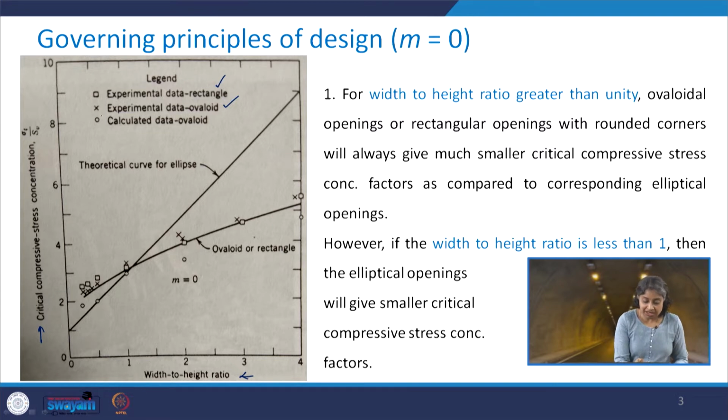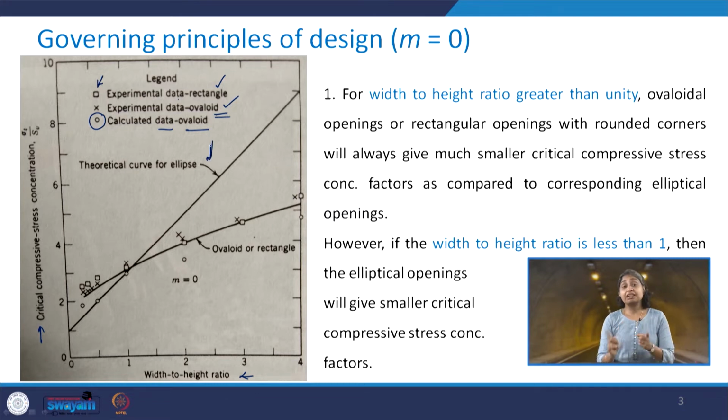So, this circle legend is showing us the calculated data for ovaloidal shape, while this square legend corresponds to experimental data with respect to rectangle, and cross is showing the ovaloid, and this is the theoretical curve for ellipse.